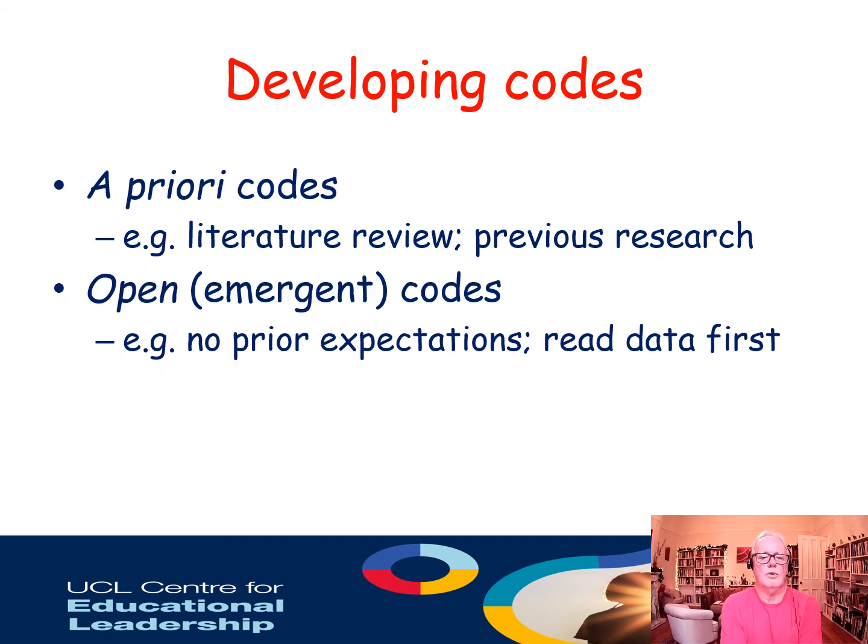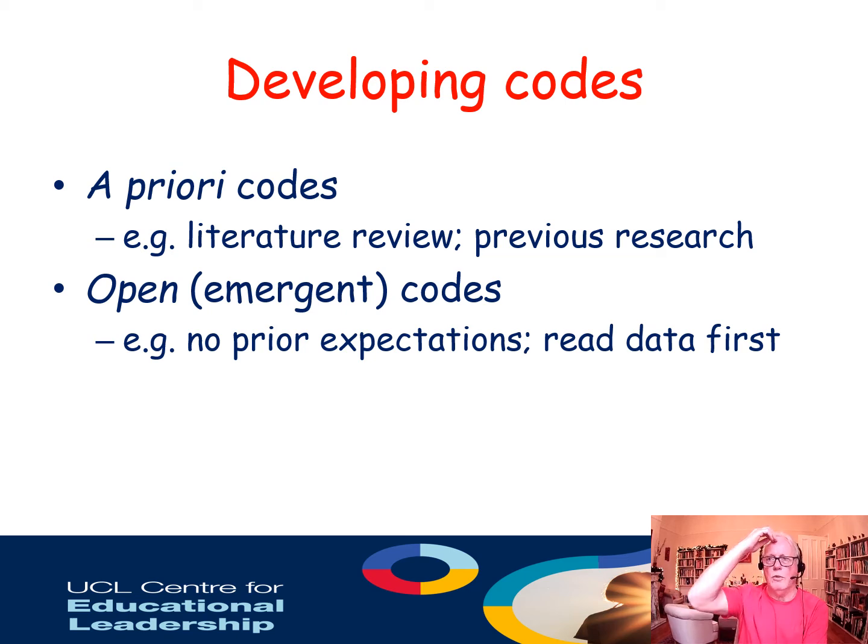Then you will have what's called emergent codes or open codes. You don't know what's going to be said, and you aren't closing down the conversation. If something emerges that's important and you consider it's important, then you start to code accordingly. So for example, when I was doing my work on head teachers moving into role, the word mentoring never existed in most people's response to what I did.